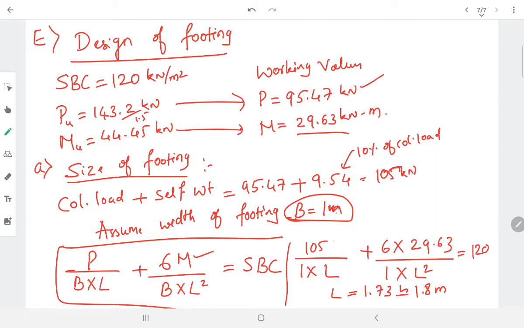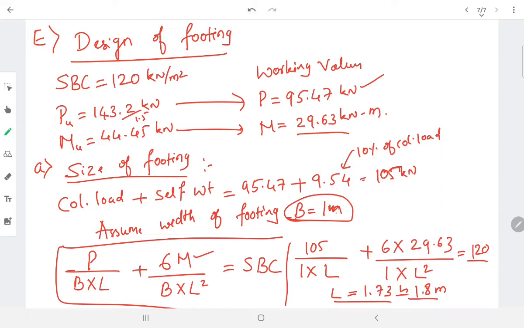Substitute the values here: 105 divided by 1 into L plus 6 into 29.63 divided by 1 into L square equals the SBC of the soil. So you are getting L as 1.73, which is approximately 1.8.